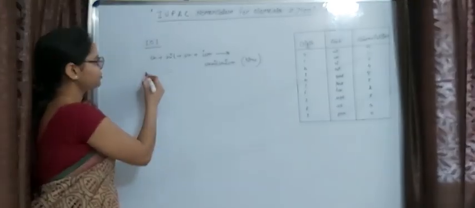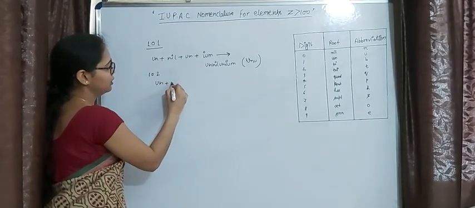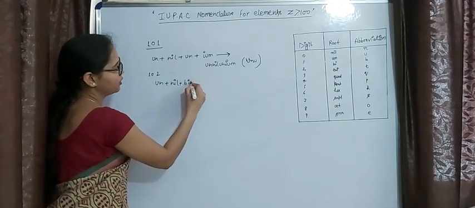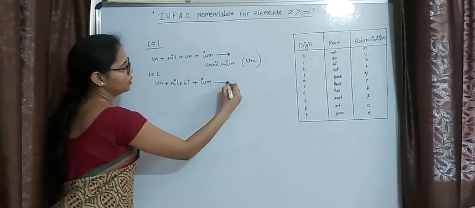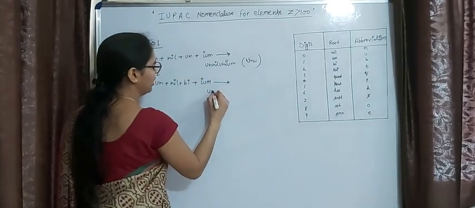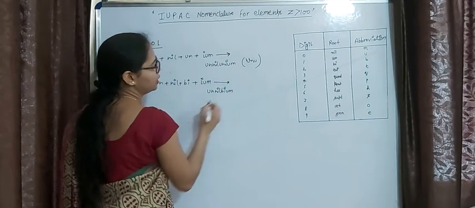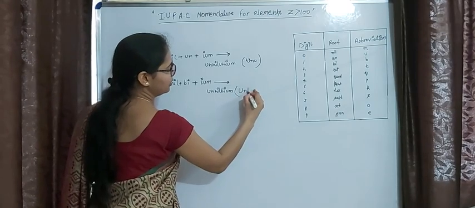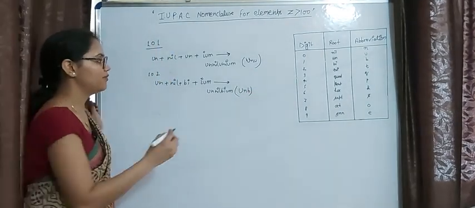Now for 102: un, nil, and for 2 it's bi, and again we have to add ium, so the name will be un, nil, bium. And the symbol is U, N, B. You must have noticed one thing here, that I have skipped one i.